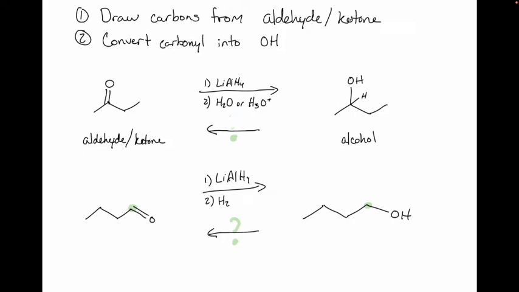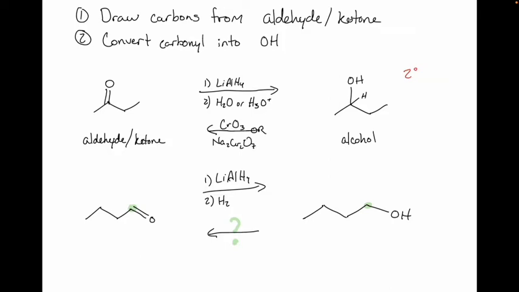So, unlike reduction, which just always uses lithium aluminum hydride, we have different sets of reagents for oxidation. If we have a secondary alcohol, this requires one of those chromium-based ones, like chromium VI oxide or sodium dichromate, right?